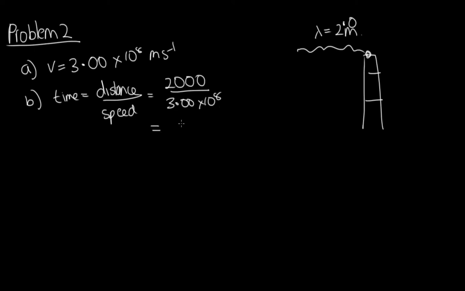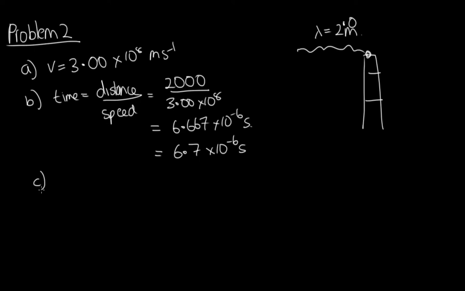And so this gives us, when we solve it on the calculator, 6.667 times 10 to the minus 6 seconds, which to two significant figures is 6.7 times 10 to the minus 6 seconds. We would expect a very small number here because light travels very, very quickly. So it doesn't take light very long to travel a short distance like 2 kilometers.